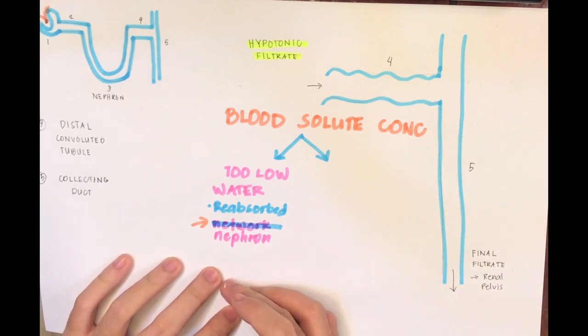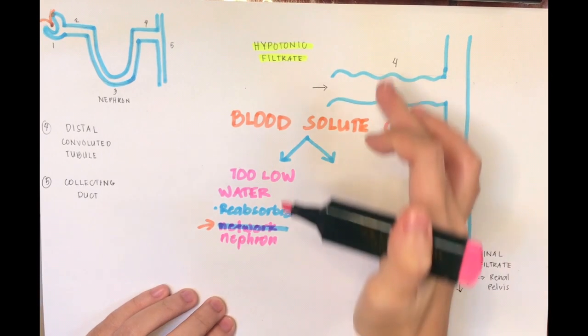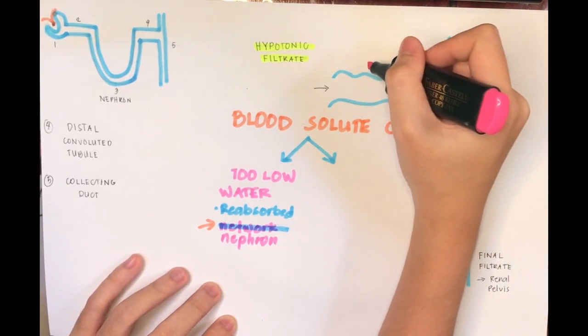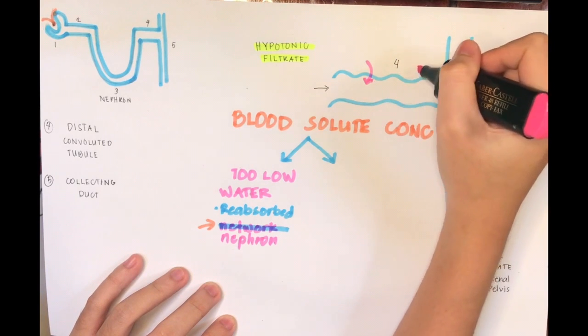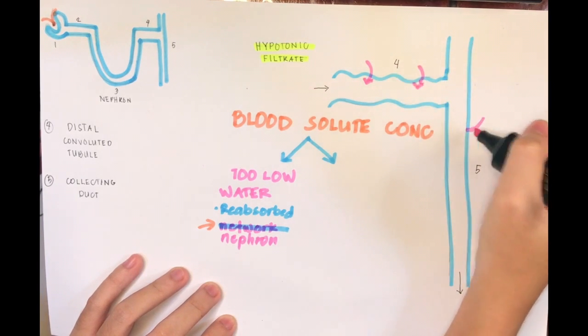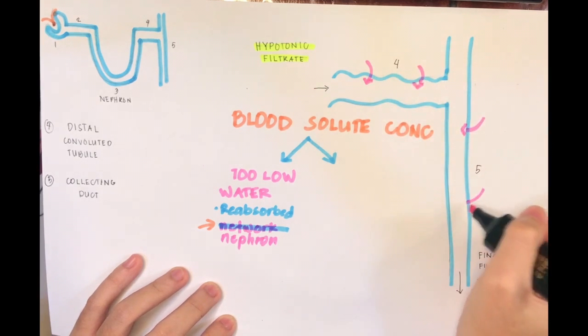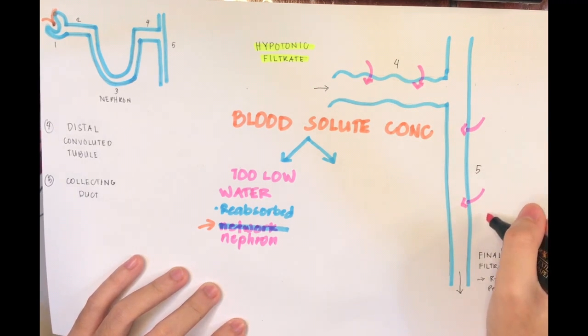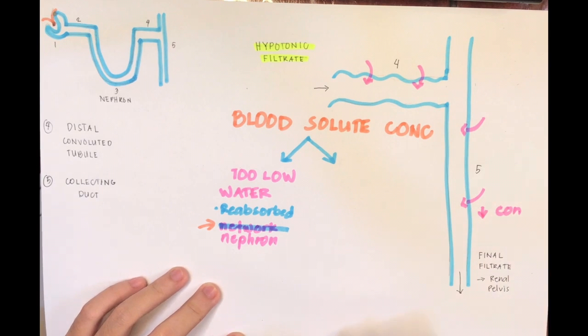Therefore, the water is reabsorbed back into these areas. That then means that your final filtrate will decrease in concentration, so it becomes more dilute.